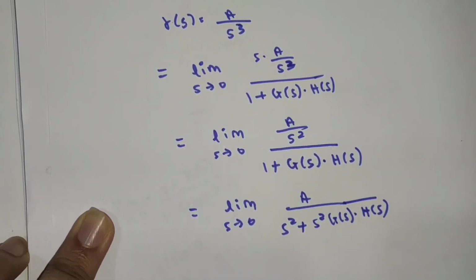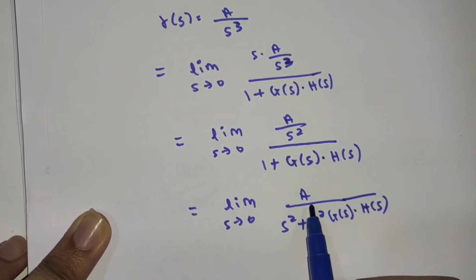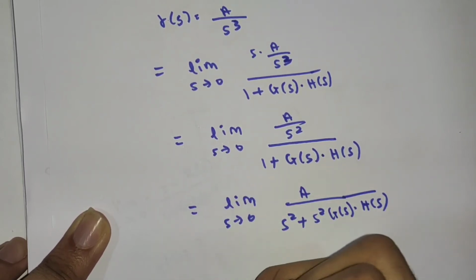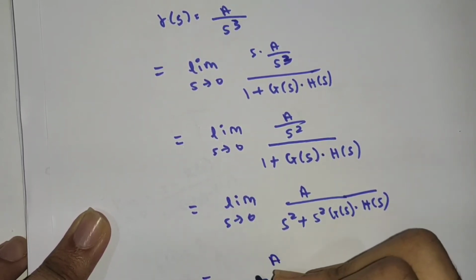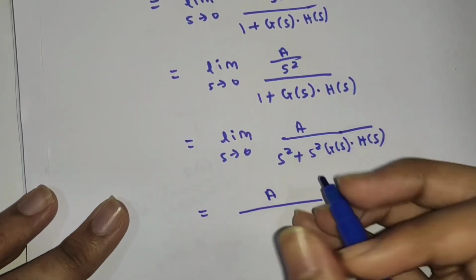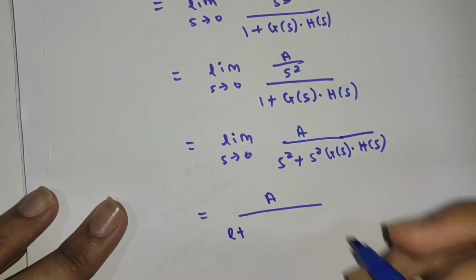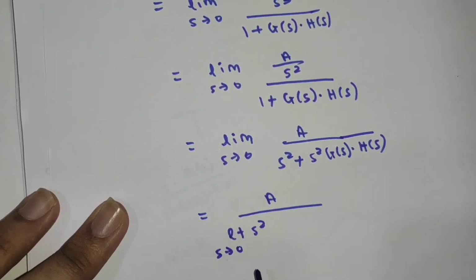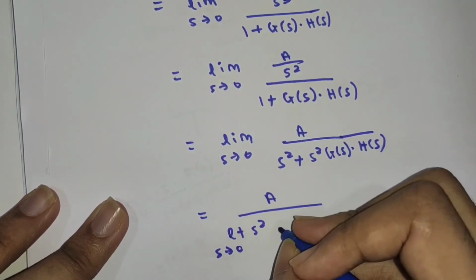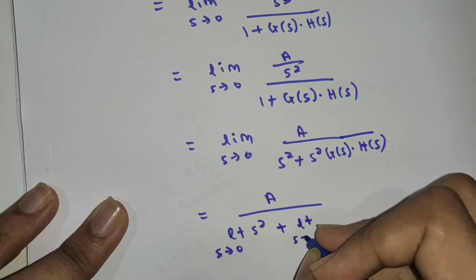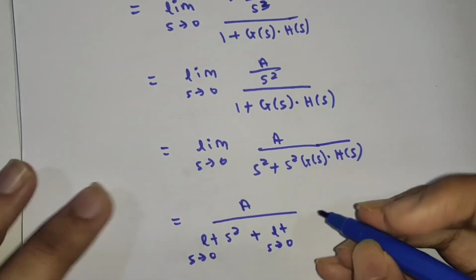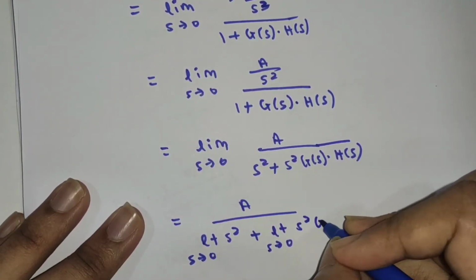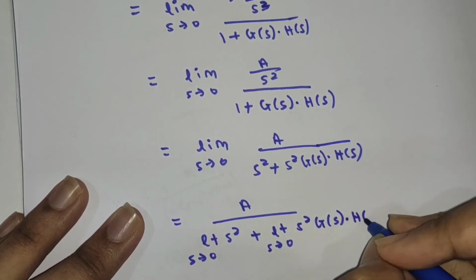Now here only the term A is constant, so the limit will be applied to these terms. So I can write it as A upon limit S tends to 0 of S square, plus the limit S tends to 0 for this term as well, which is S square G(S) into H(S).